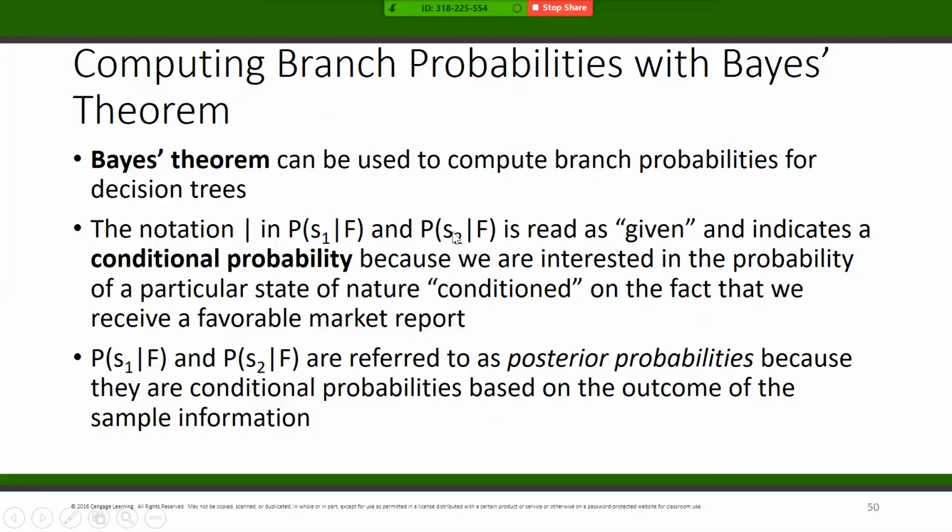We're interested in the probability of a particular state of nature conditioned on the fact that we receive a favorable market report. So the probability of S1 given F and the probability of S2 given F are referred to as posterior probabilities, because they are conditional probabilities based on the outcome of the sample information.